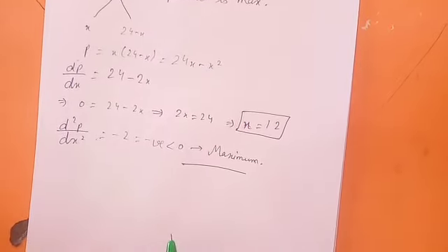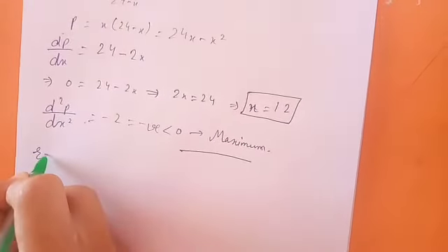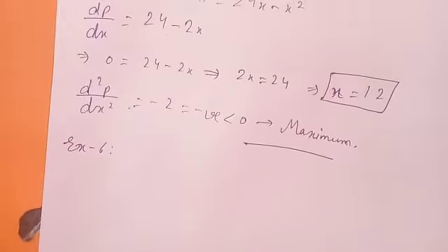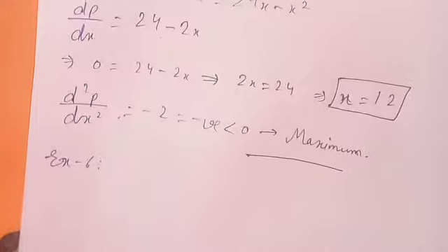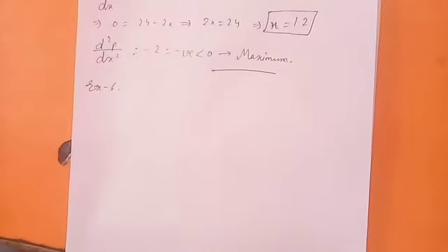now we are going to solve our example number 6. Example 6. What the example is saying: show that the rectangle of maximum area that can be inscribed in a circle of radius r is a square of side root 2 r.